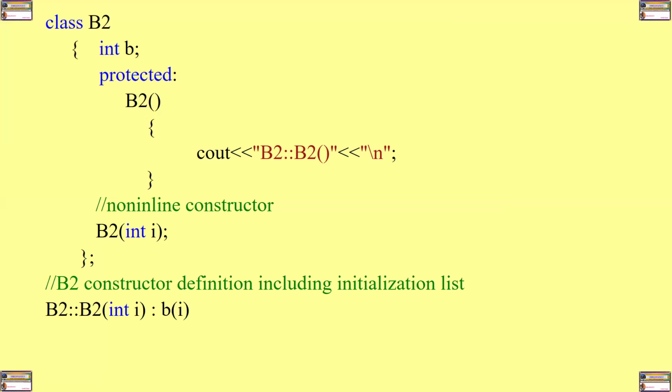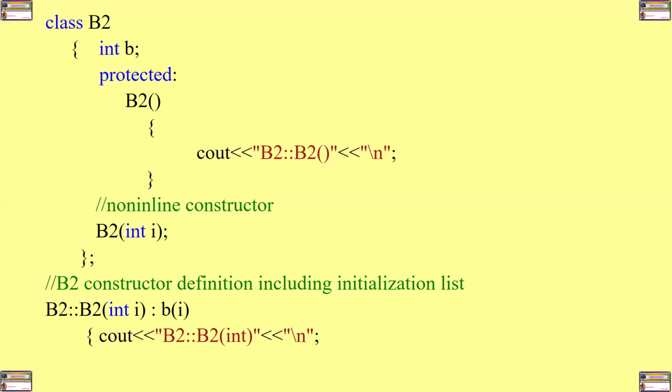As you can see, we are initializing even the member called B with value I. And then we display the cout B2, then we have the scope resolution operator, then B2.